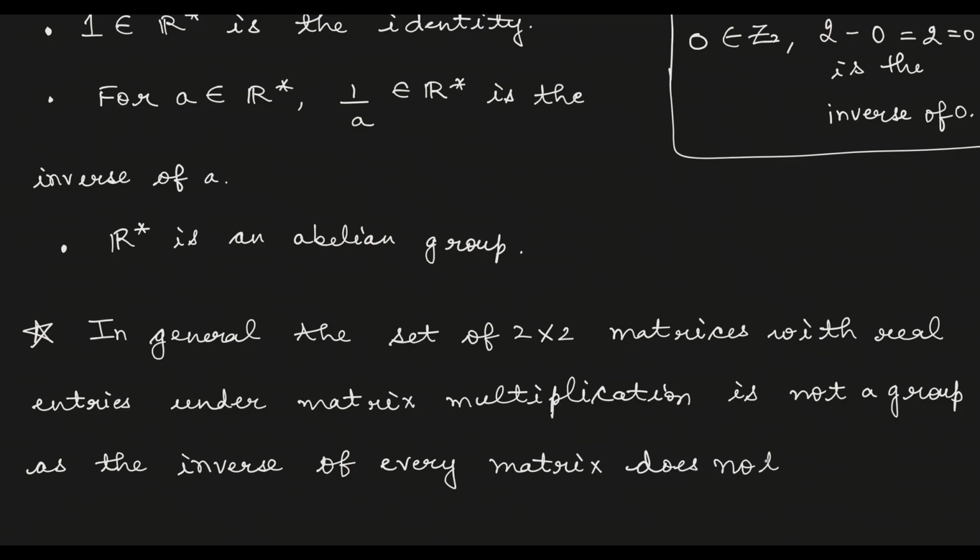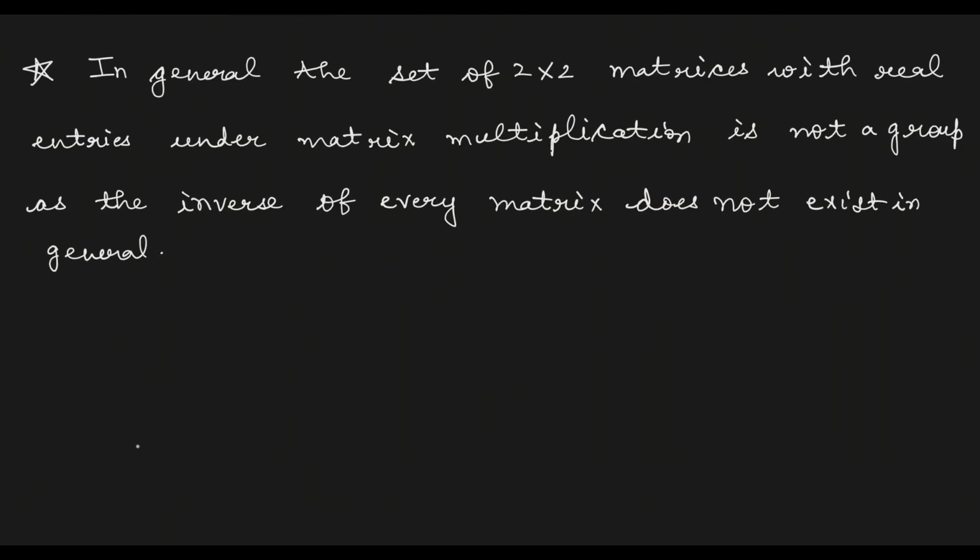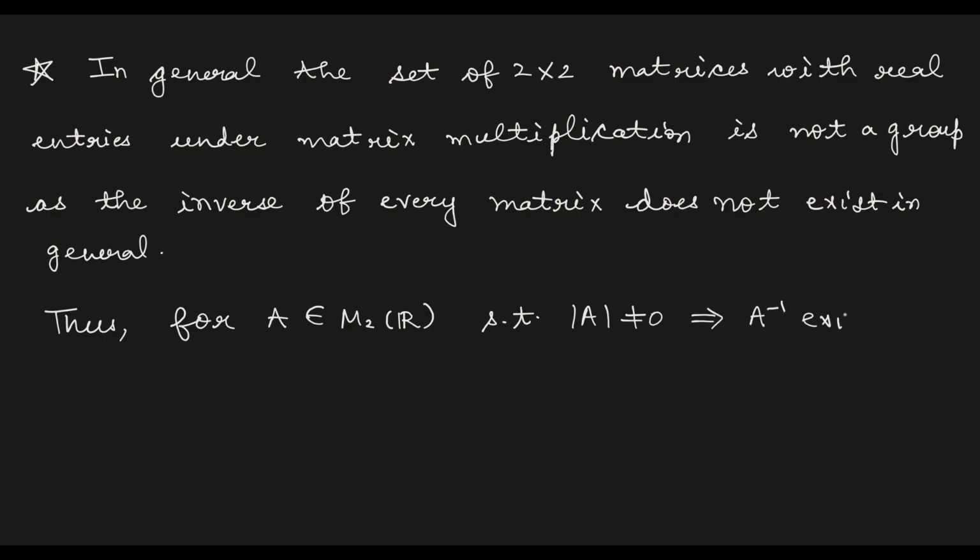This we have already discussed. Thus, for A belongs to M2R such that determinant of A is non-zero, then A inverse exists.